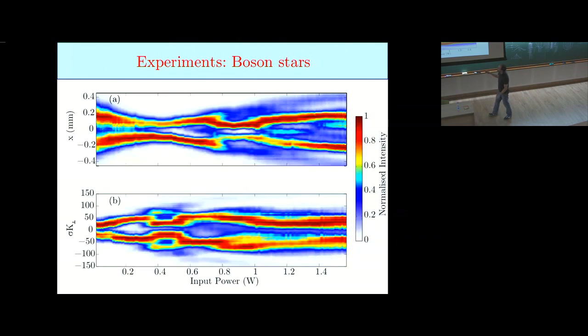I forgot to mention that I'm not just taking any boson star. Remember, I have to have a hole in the middle. So what we're doing is we're taking a rotating boson star. The boson star BEC has an order parameter. It's also quantized, so it has to have quantized angular momentum, just like our optical beam. So it has to have a hole in the middle, zero intensity, because there the phase is undefined.